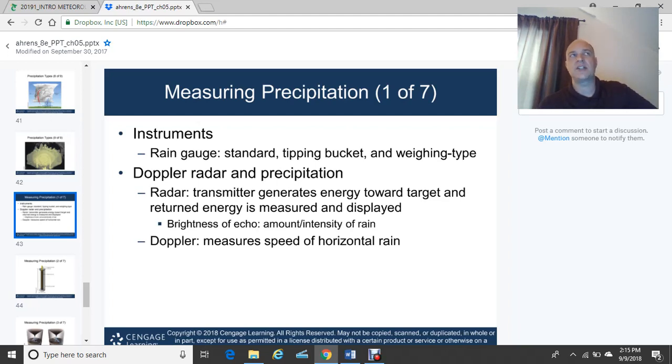So usually your reds and your oranges and your yellows are the heavier precipitation returns when we talk about using Doppler radar for precipitation. And then the lighter greens and even the blues are much lighter precipitation. So the Doppler measures the speed of horizontal rain. The Doppler effect is really looking at the speed of the actual movement of hydrometeors within that radar sample.